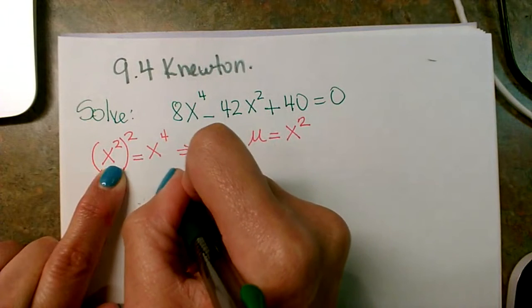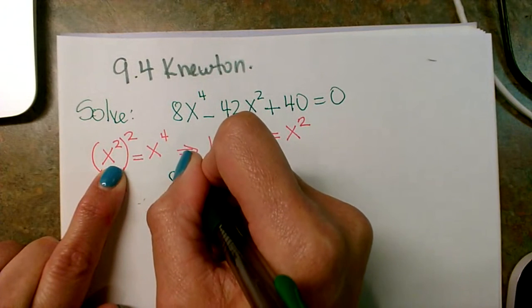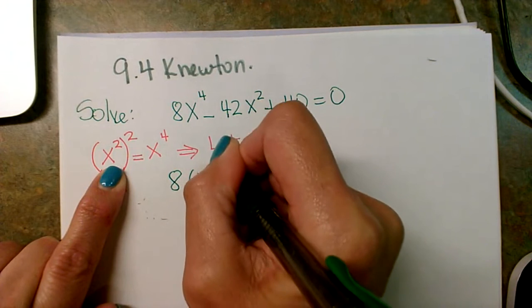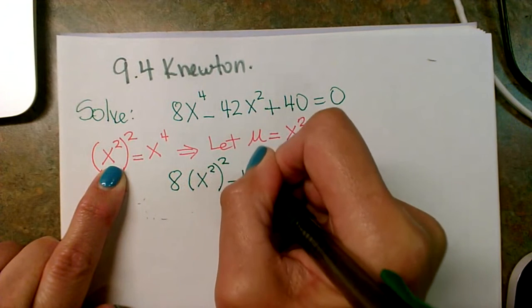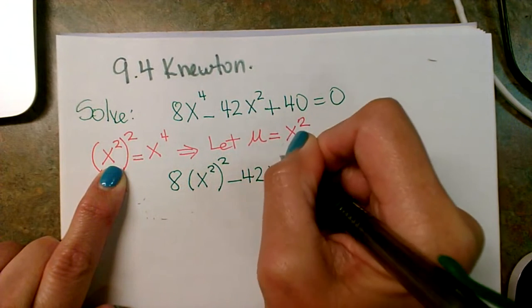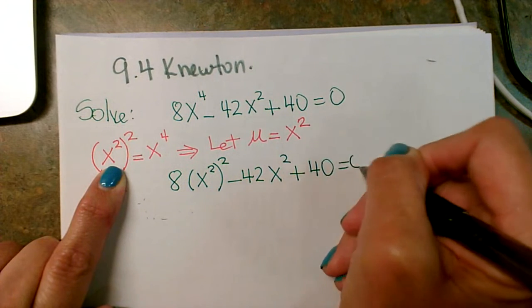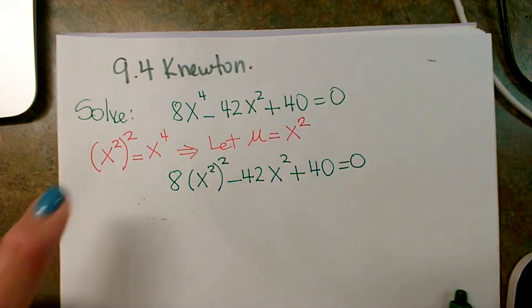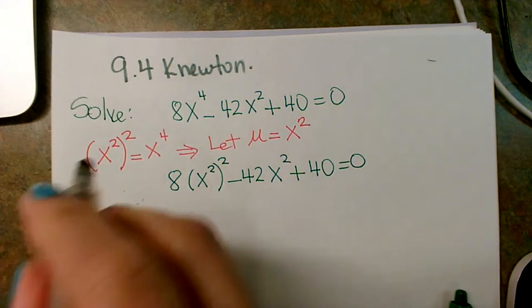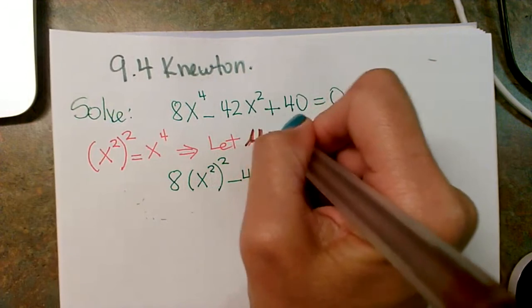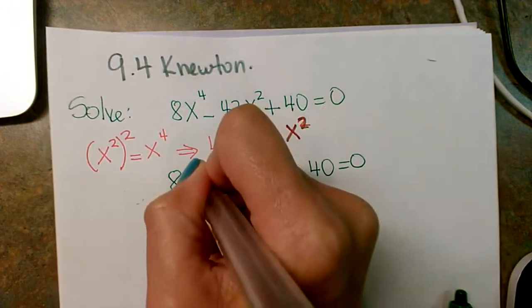So how are we doing that? This is going to be 8. And remember, what do we have? X squared, right? So what I have there, I said that u is equal to x squared, right?